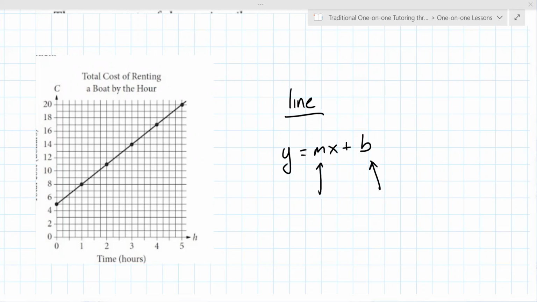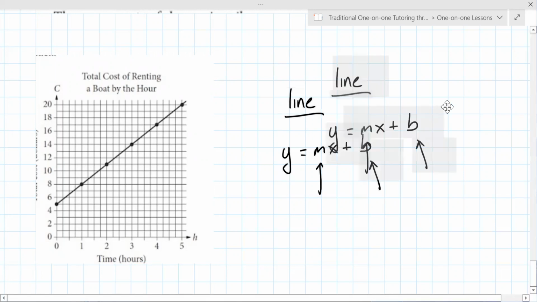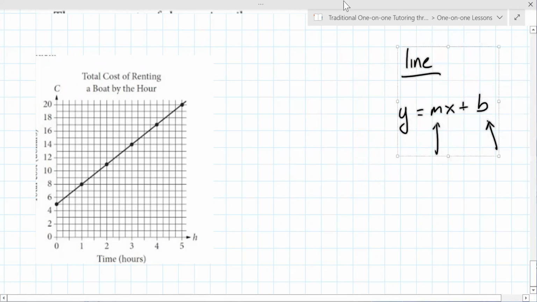Okay, so now we're going to look at the answers. And I want you to consider the picture on the left here, that it has both an intercept and a slope.